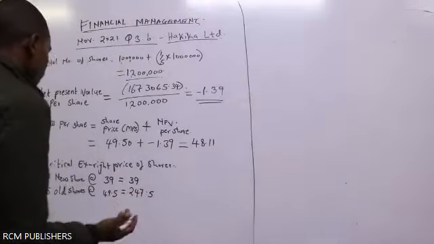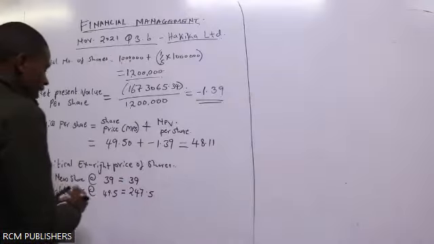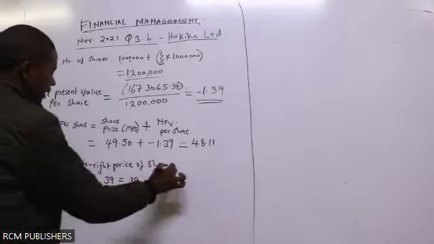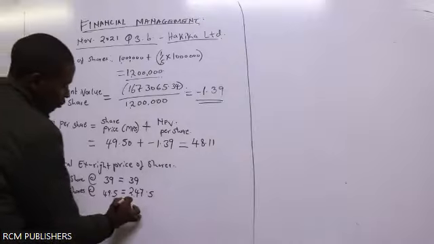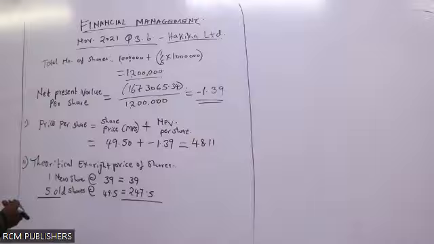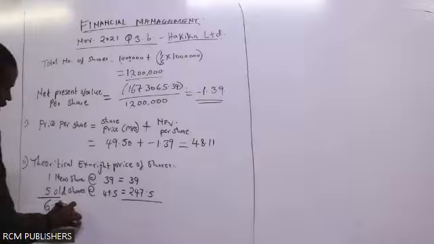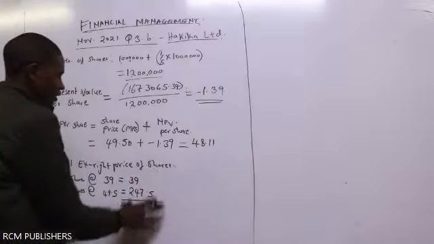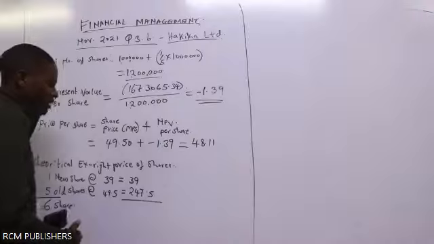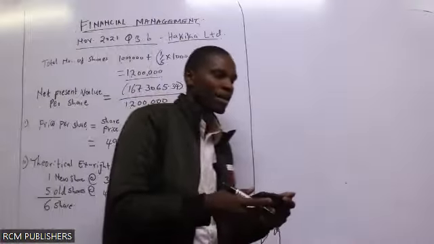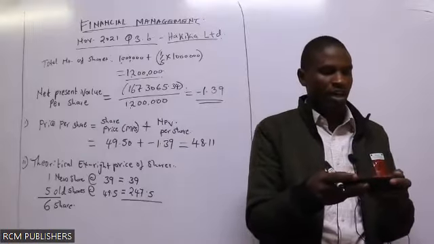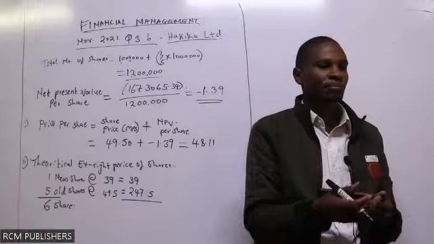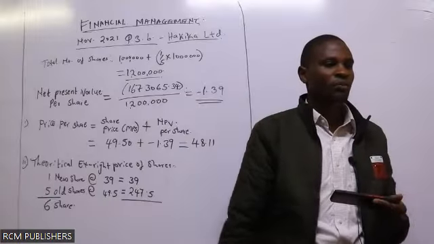Then, since we need to combine this and get the theoretical ex-right price of shares, you have to get the total shares and the total value of these shares. So I'll be having 6 shares now, both old and new, and then you add the total value: 39 plus 247.5.